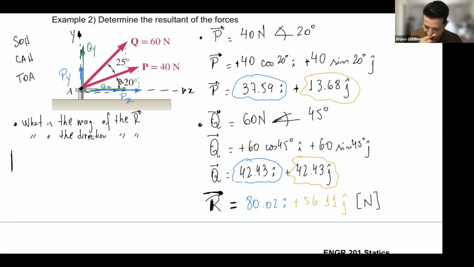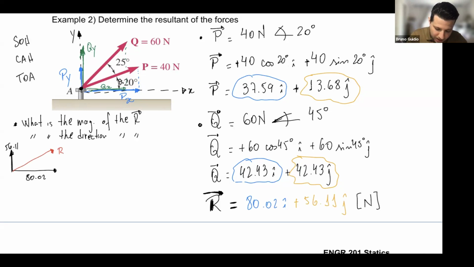draw right here. So for example, in Y, I have 5611. In X, 8002. Well, my resultant is going to be this one here. Resultant. Okay?